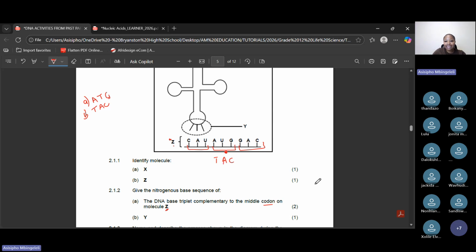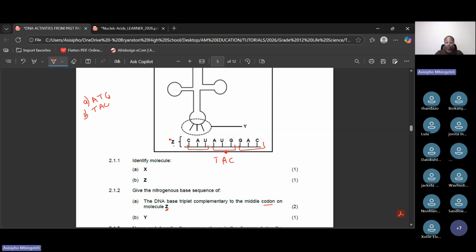How did you get ATG? I didn't see who answered ATG. Please explain to me how you got ATG so that at least I can see where the mistake is. Okay, ma'am, I think maybe I did transfer RNA. You did transfer RNA, yes.